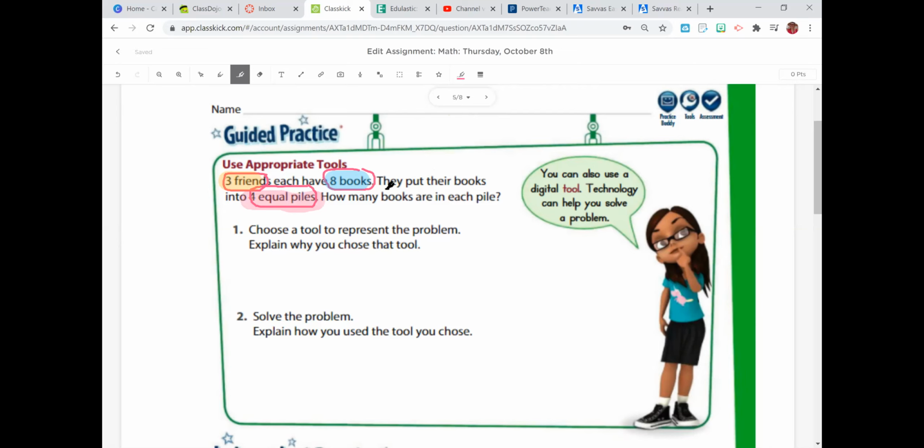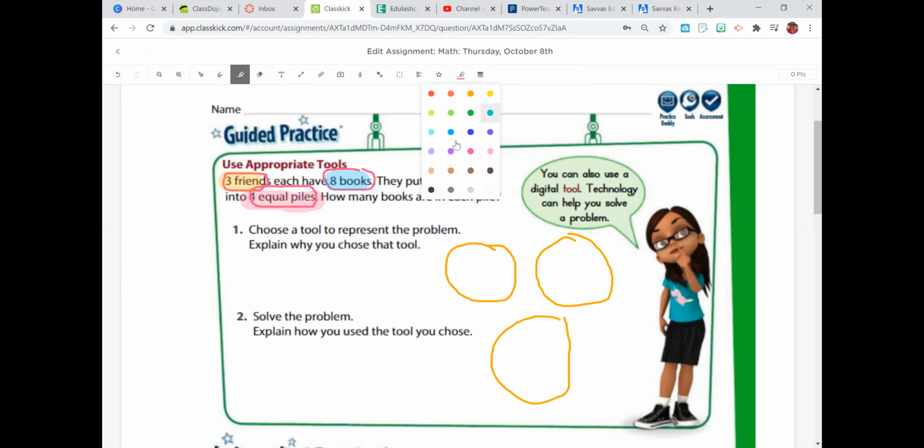Let's start with the first sentence. 3 friends each have 8 books. So I'm going to draw those 3 friends. I'm going to use the space on this side. Get my orange. Here's my 3 friends. 1, 2, 3. And they each have 8 books.